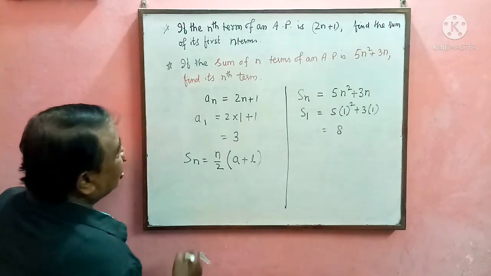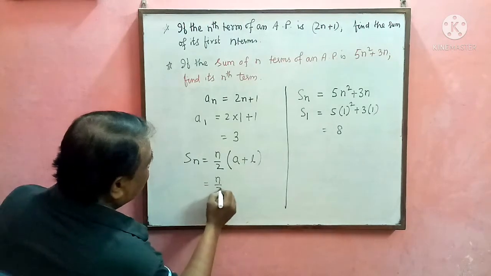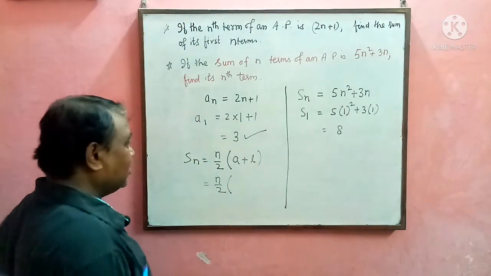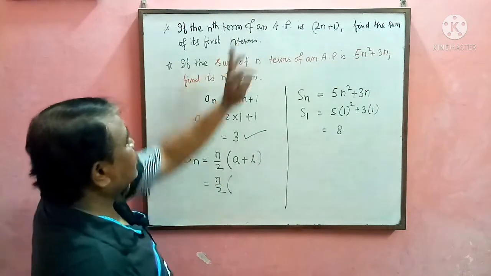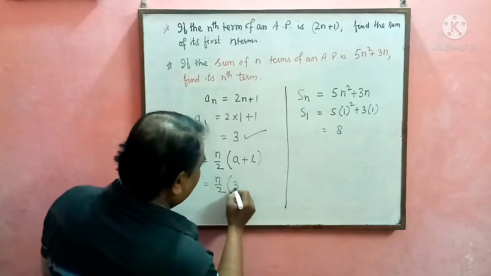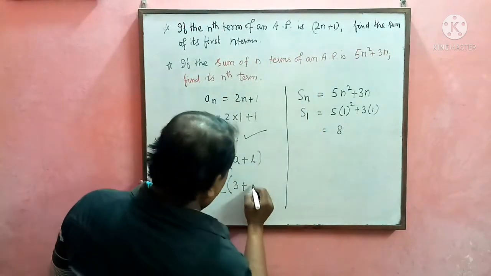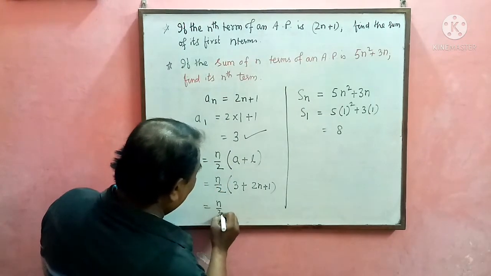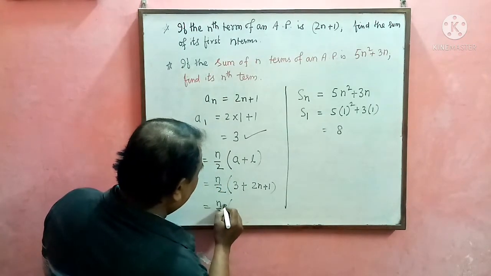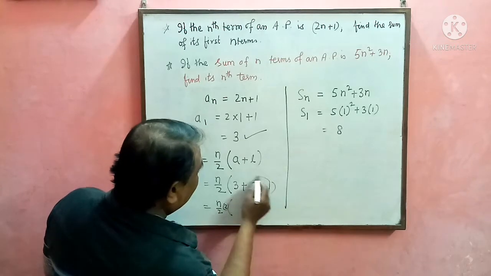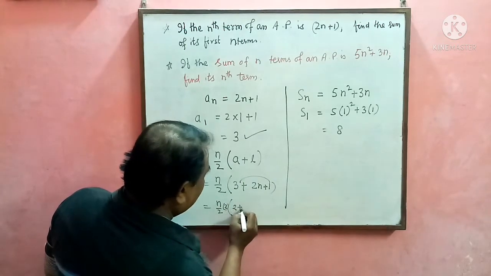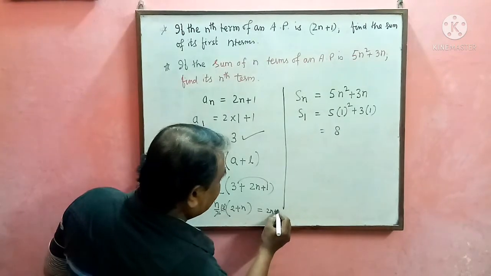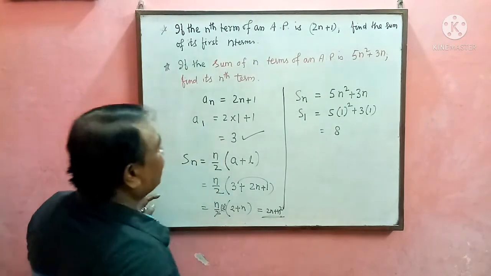Here n upon 2, the first term is your 3, we already have it. For this case, this is the first term, and L is already given, 2n plus 1. If you do like this, this is n upon 2, you take 2 common out, 4 plus 2n, that means 2 plus n. Cut this one, so this is your 2n plus n square. This is the sum of n terms of this AP.